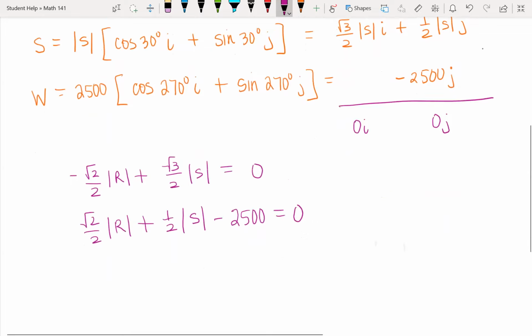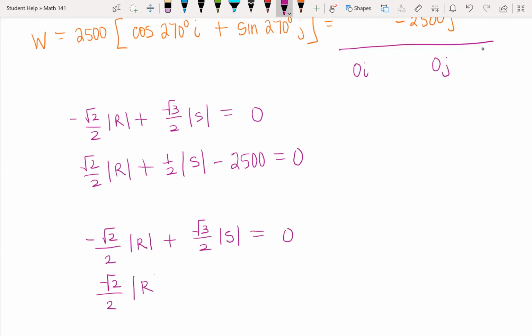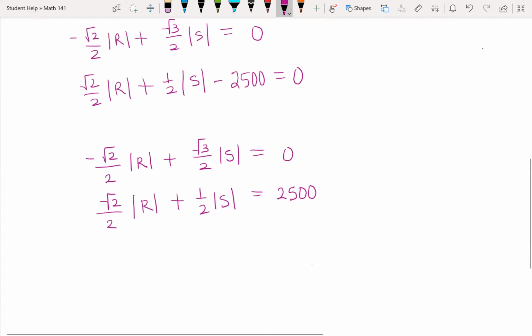I'm going to rewrite this again, moving the 2,500 over to the right-hand side. This is called a system of equations that we're going to solve simultaneously. Because I've got two of the components that are the same, I can add these equations together and get one of the variables to be eliminated. So all I did is rewrite everything, moving the 2,500 over to the right-hand side.